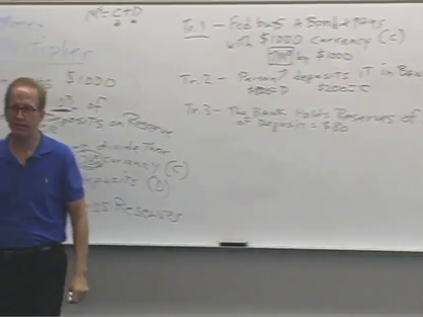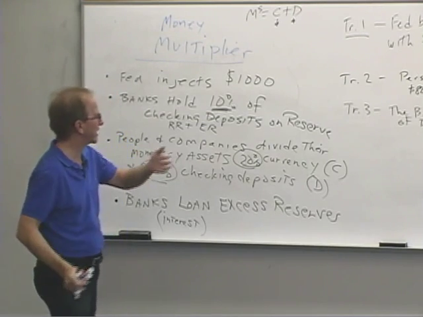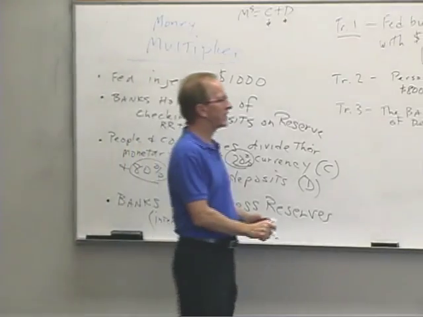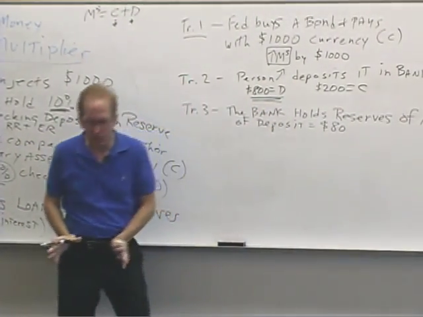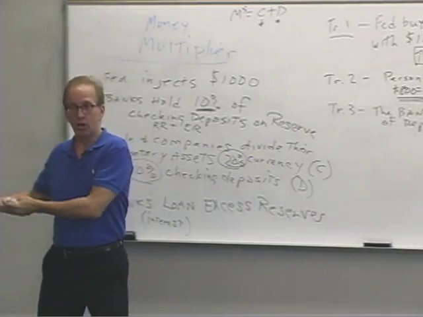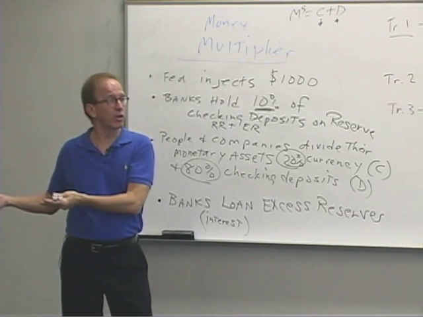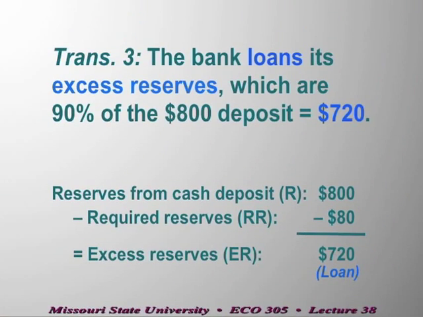Are you with me on that? It's an $800 deposit, so we have to hold reserves, because that's our assumption, of 10%. Somebody slid $800 across the counter to us. That's vault cash. Those are our reserves.